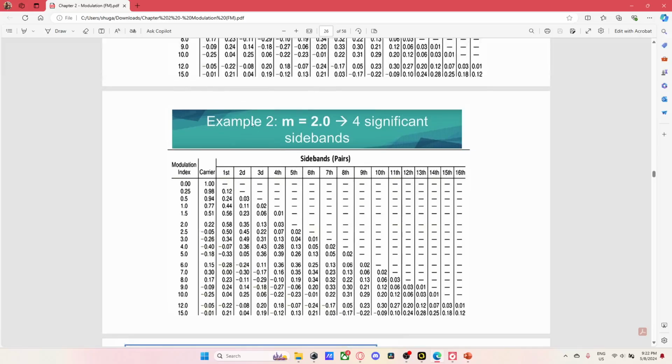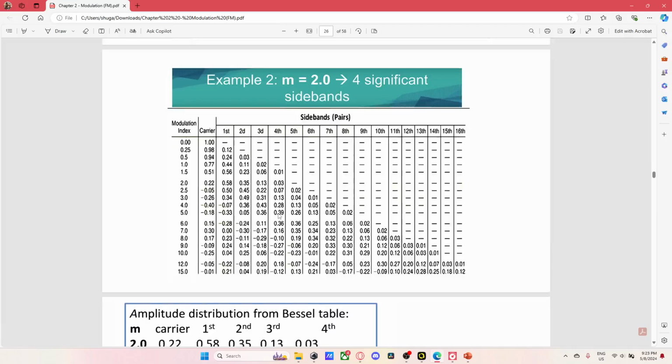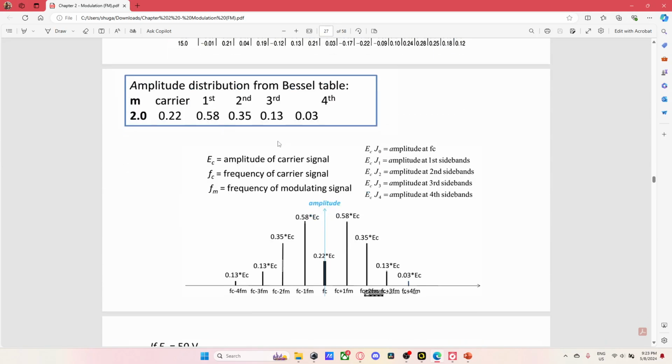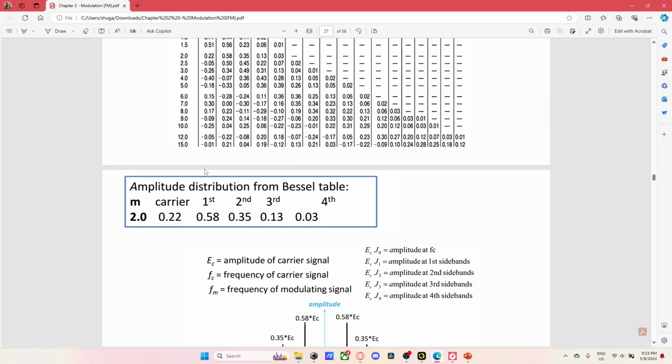Same goes for example number 2. Your m here is 2. So you have 4 significant sidebands over here, not including the carrier. The carrier is a different one. Why is this important?